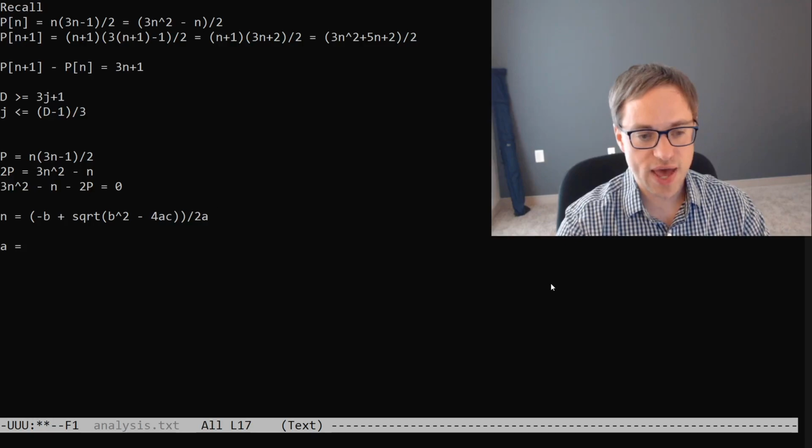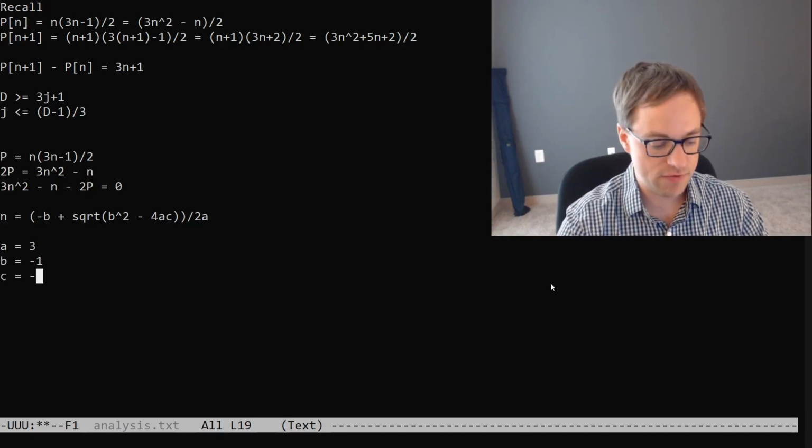In our case, a is the quadratic term, so that's going to be 3. B is the linear term, so that's going to be negative 1. And c is the constant term, which is going to be negative 2p.